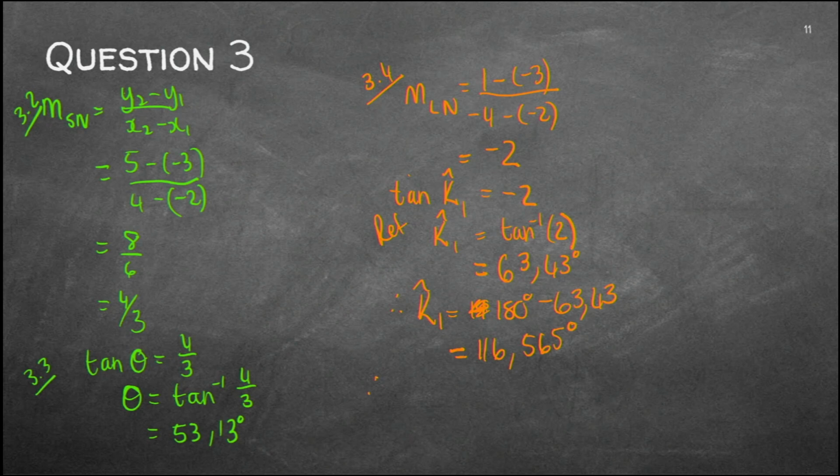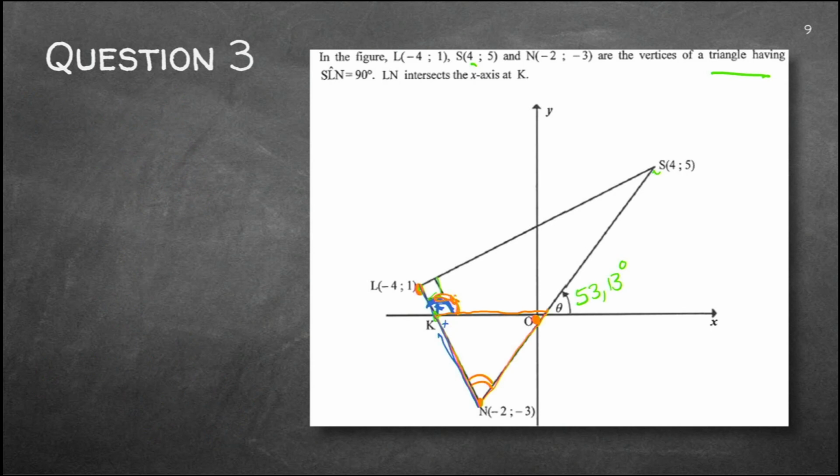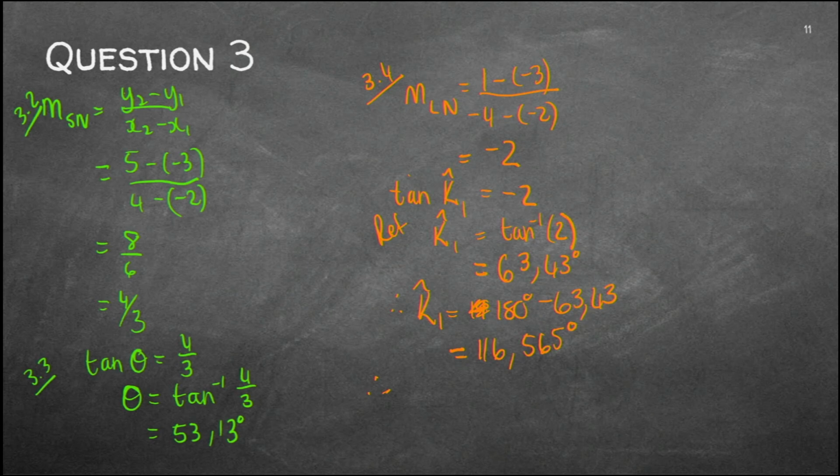So I can now go back to the drawing. If I have this angle, this is exterior to this triangle. So I can say that angle N is equal to K1 minus the 53,13 degrees, exterior angle of a triangle.